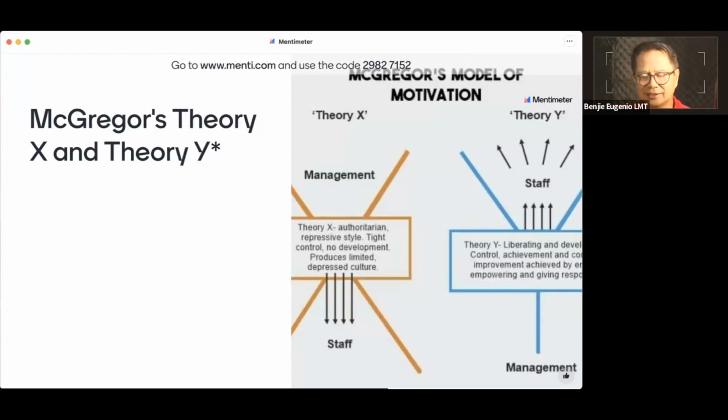He or she dislikes the work and must be closely supervised and controlled. So amo ina ang assumption dire. This view suggests that employees are primarily motivated by extrinsic factors such as wages and punishments and will only work hard if forced to do so.